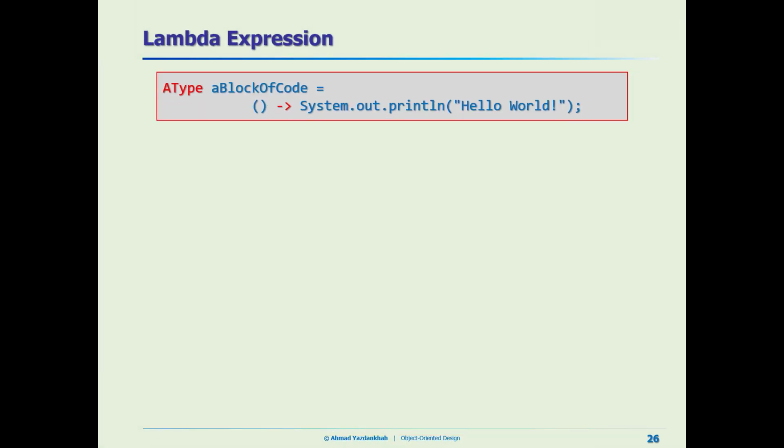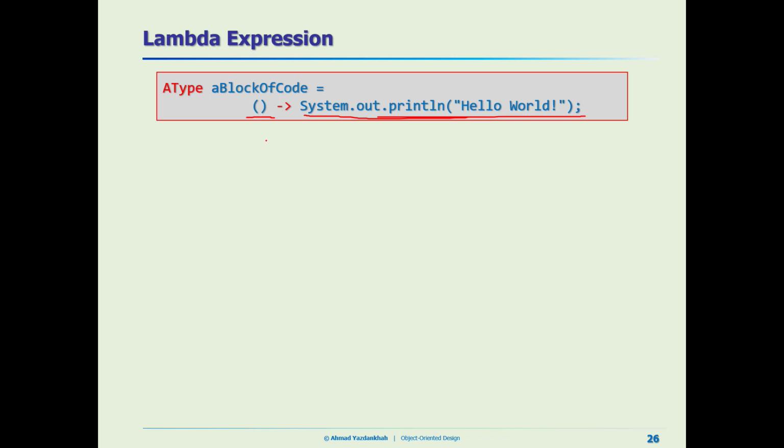Okay. So now let me ask some questions. Up to this point, we have had lambda expressions without any argument, and it's just one line. It's not a big deal because if it is more, we just bring back those curly braces.